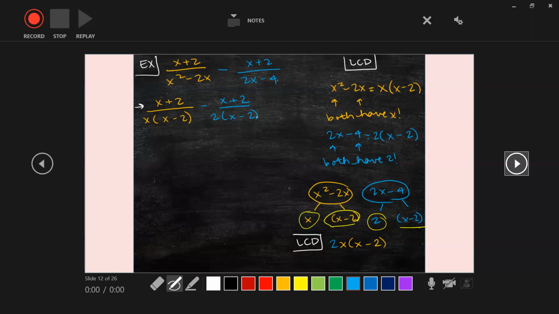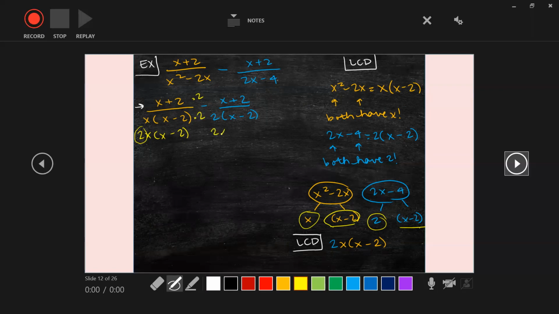So what do I need to multiply my numerator and my denominator by in order to get this denominator to be 2x times x minus 2? Anyone? 2. That's the only thing that's missing? So I'm going to multiply this by 2 and multiply this by 2.